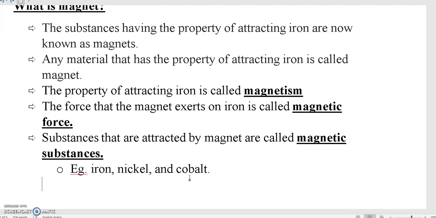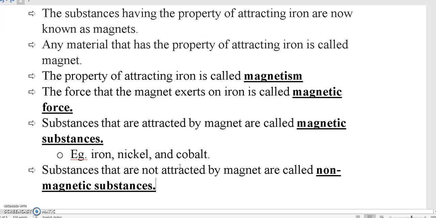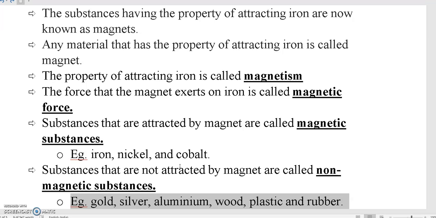Substances that are not attracted by a magnet are called non-magnetic substances.